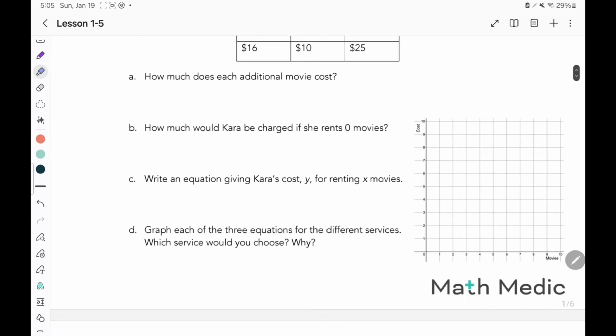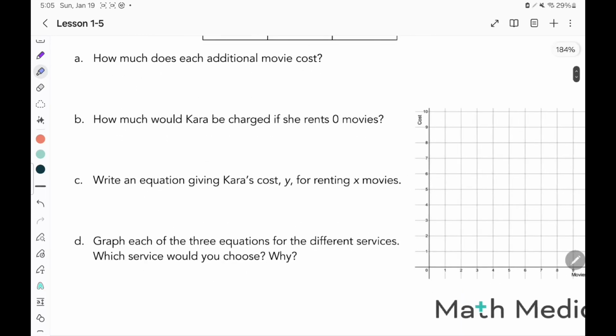Part D is where we put everything together, where we graph the two equations from above that everyone created, and we also graph the equation that we came up with in Part 3. It's asking which service would you choose. That's more of a personal preference. It could be based off of many different things, personal preference points, what you would want.